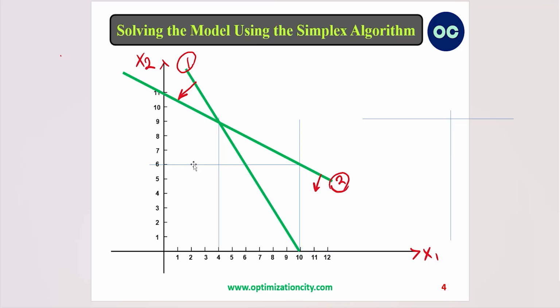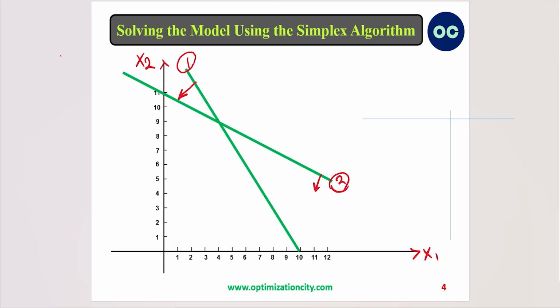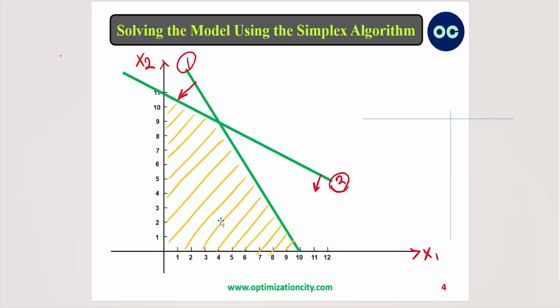Considering the non-negative constraints for x1 and x2, together with these two constraints, the feasible region lies in the first quadrant. So as a result, this is the feasible region for this model.